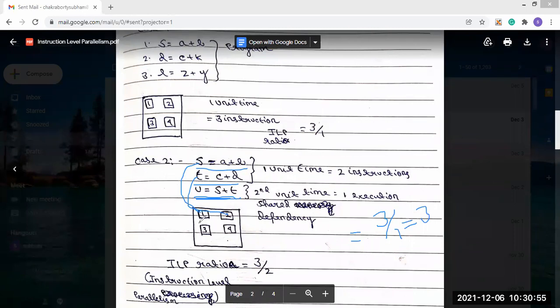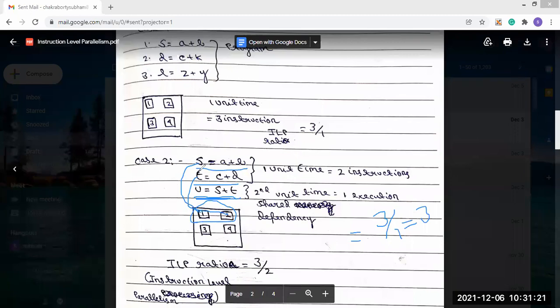That means in the first unit of time, the first and second instructions will be executed, but in the meantime we will not be able to execute the third instruction, because we have to wait until we get the final results of s and t.